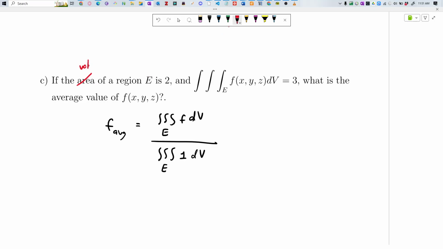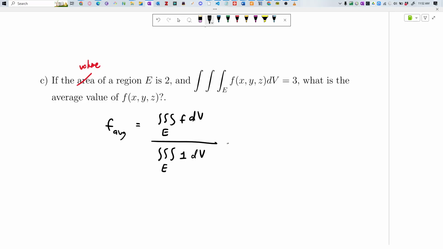This should say volume. The analogous notion of area in 3 dimensions is volume, so it should say volume.